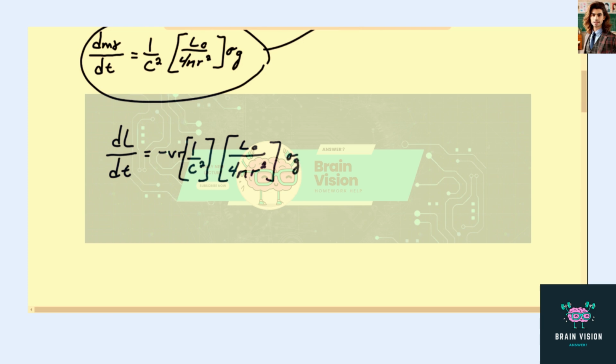Now we can multiply and divide the right-hand side of the above equation by m.